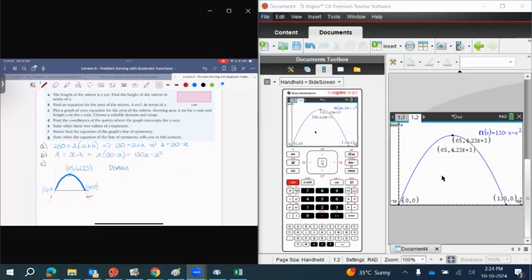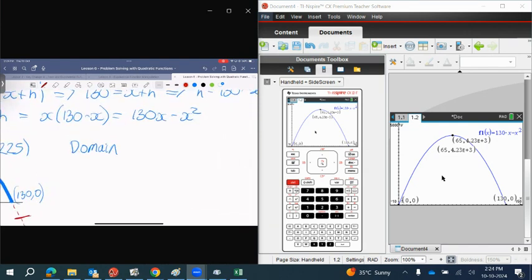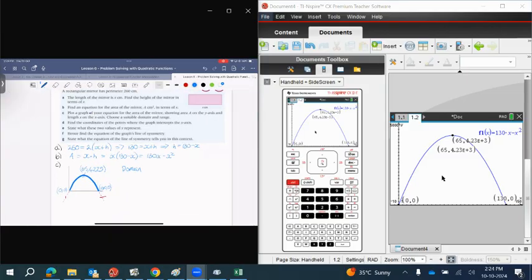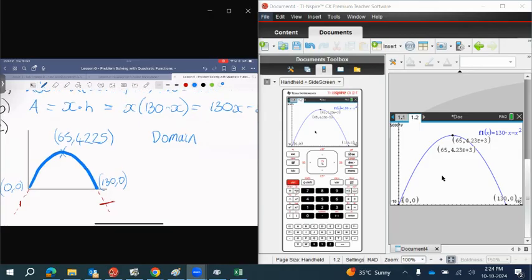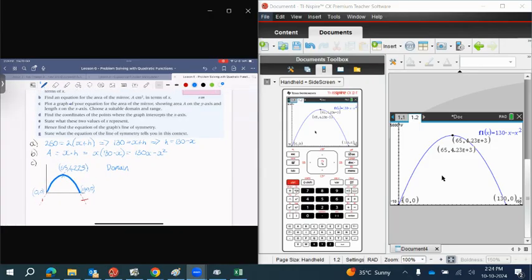So this graph has to only be in the positive first quadrant, which is why I've drawn it like that. So what would be a sensible domain? Austin? 0 to 130. Why? The 0 will keep the area positive. Yeah. So the domain is going to be from 0 to 130.